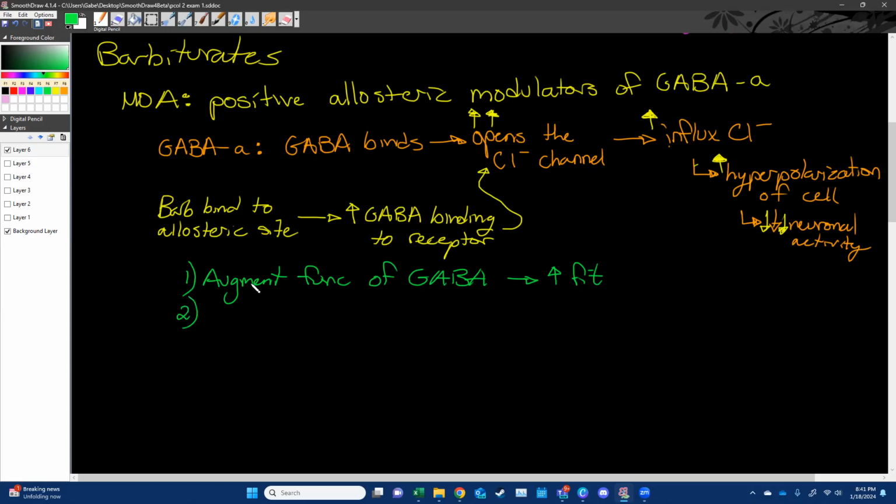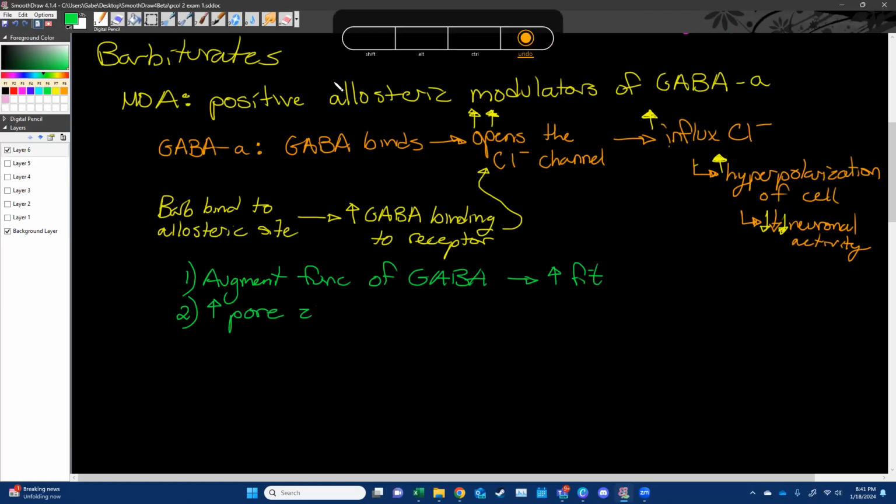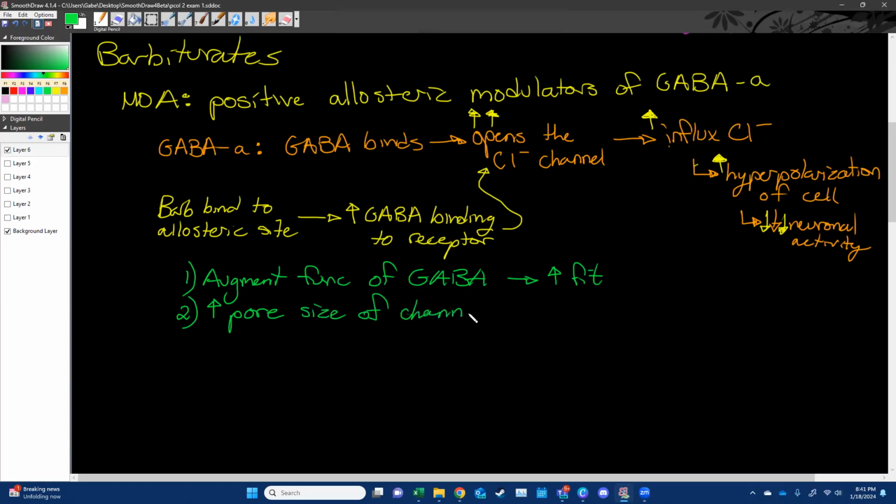Not only do they help GABA bind to the receptor, but they increase the pore size of the channel itself. This means that there's more chloride coming in per second. GABA normally can get 1 chloride to go through per second. Having a barbiturate means that 2 can go in. So you're hyperpolarizing at a much greater rate.